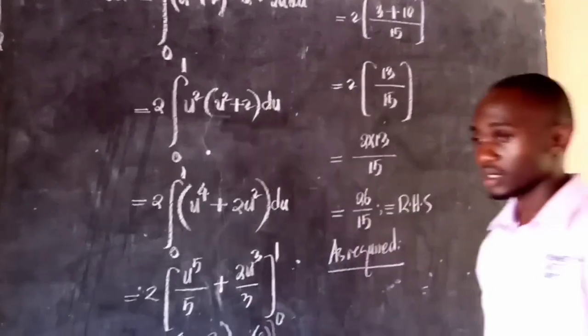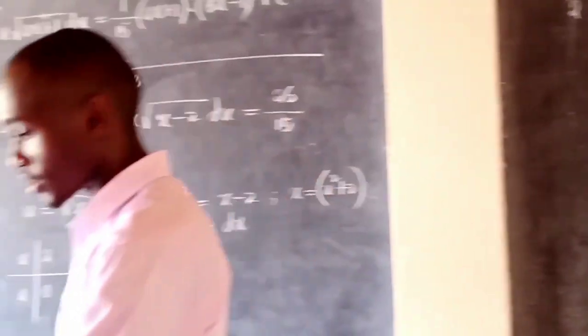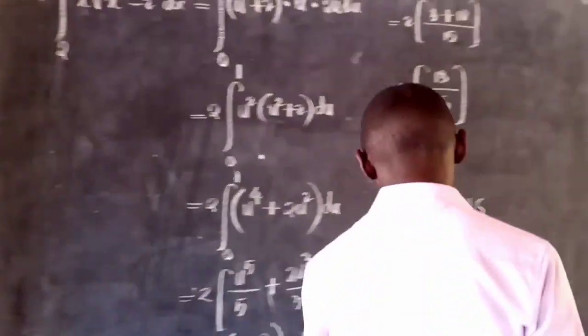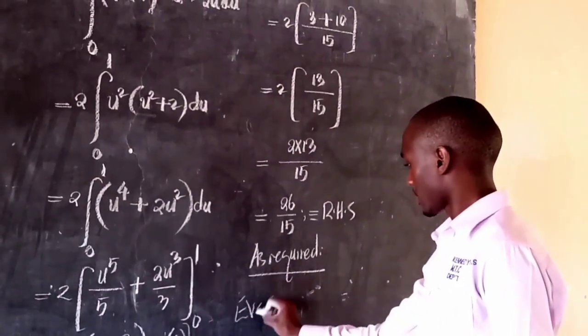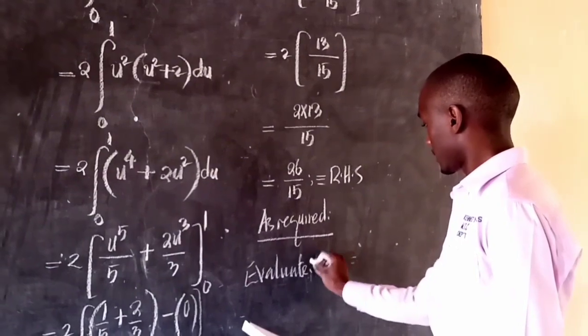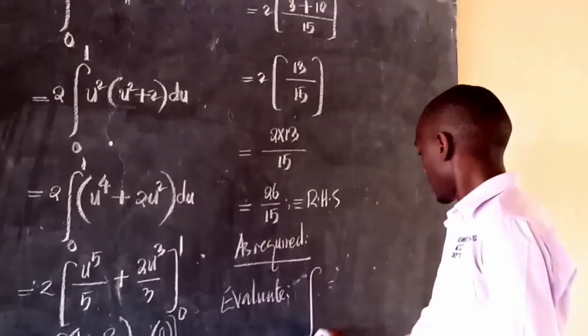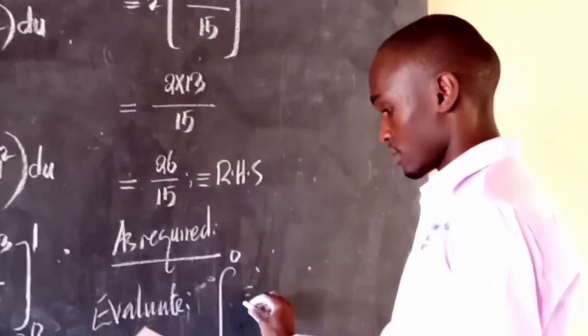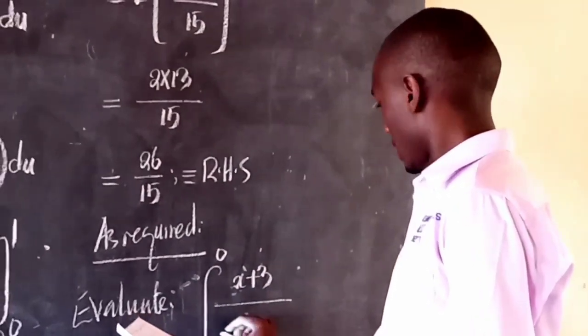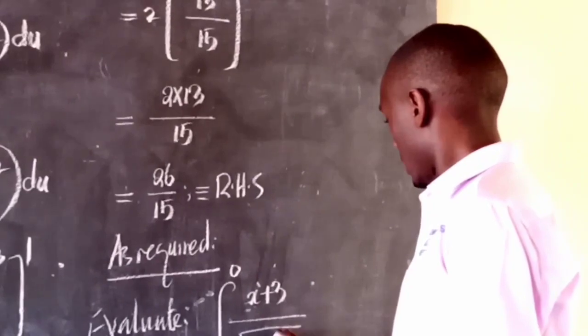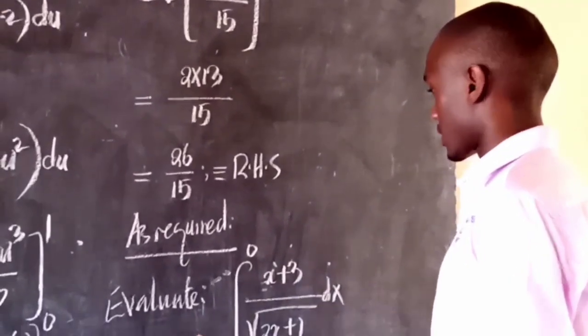So, dear viewers, wherever you're watching from, I want you to try for me to evaluate the integral from negative 3 to 0 of x plus 3 out of the square root of 2x plus 1 dx.